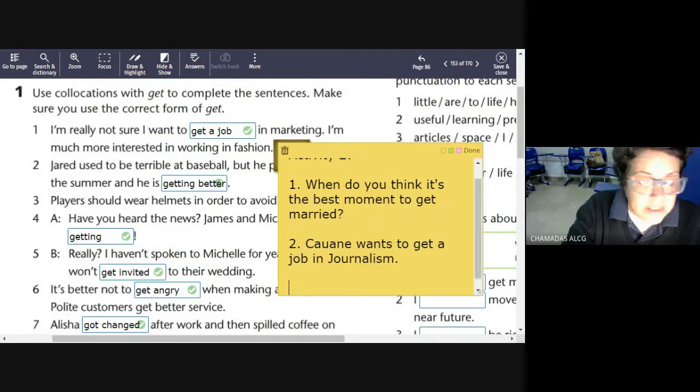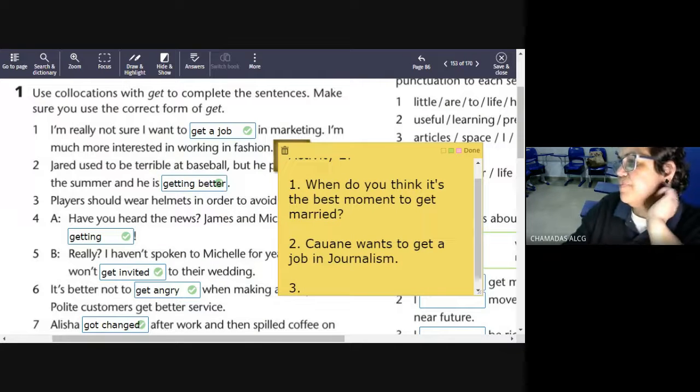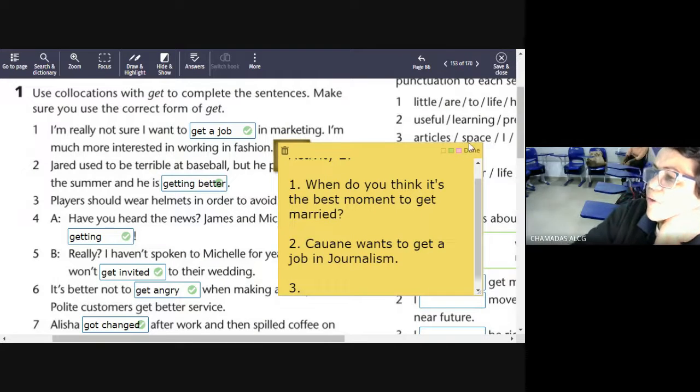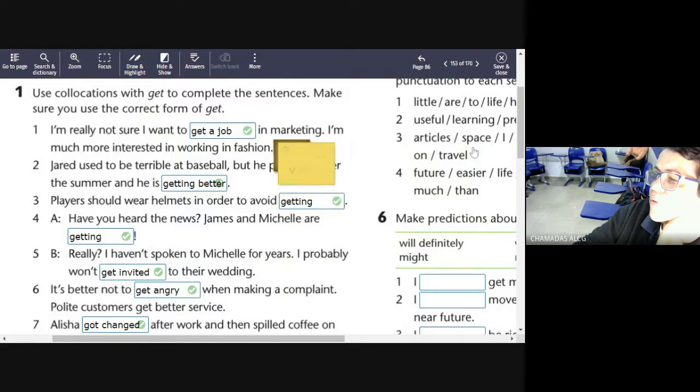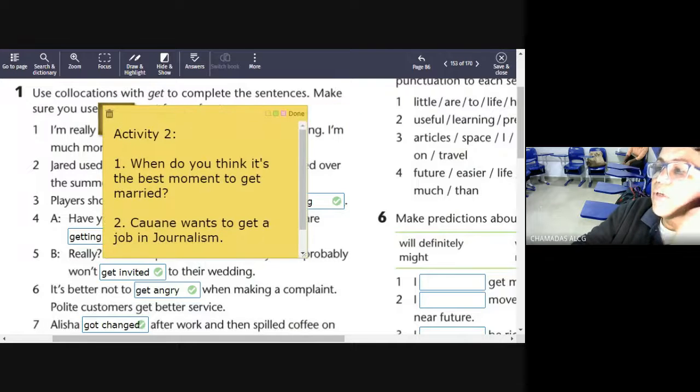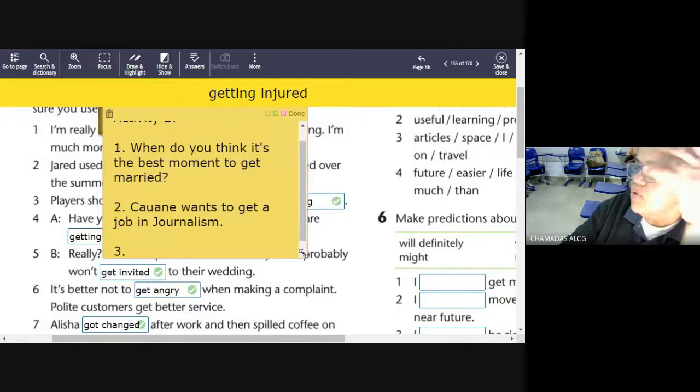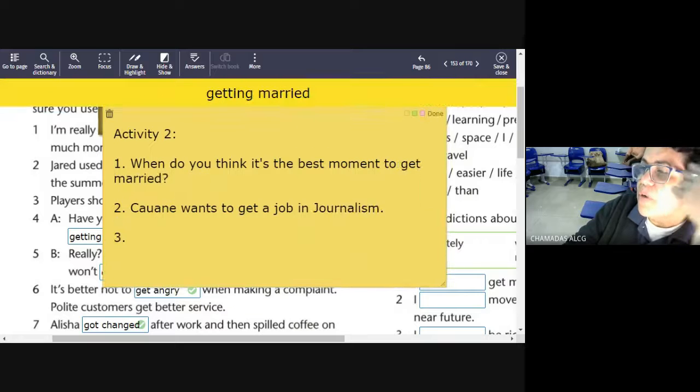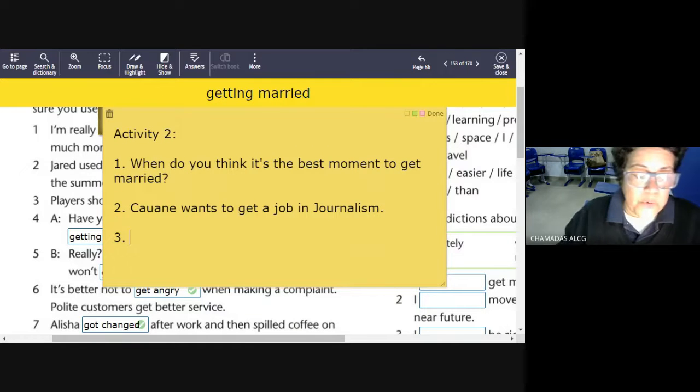Okay. Number 3, let's see another one here. Jared used to be terrible at baseball, but he practiced over the summer and now he's getting better. So I guess we could use that one to talk about our English learning.